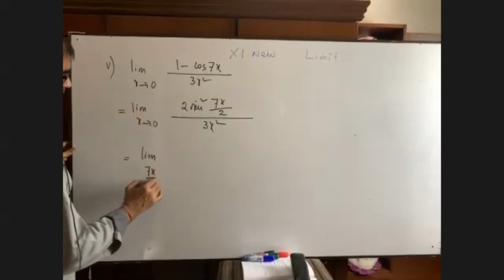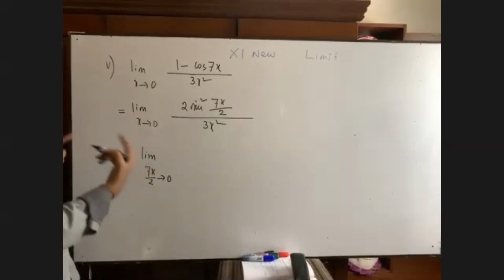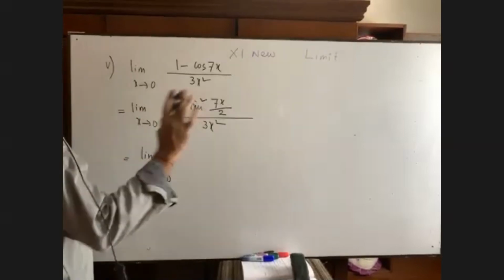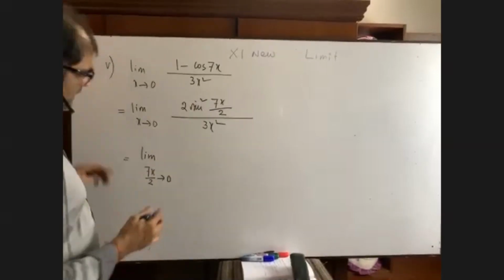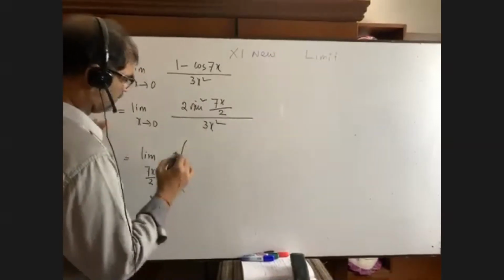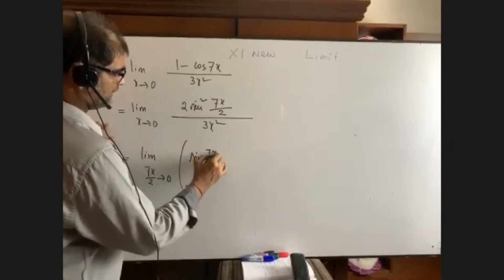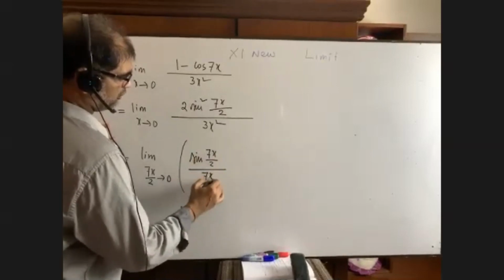Write it down. Now there is only one trigonometric function, sine. There is no cosine, no tangent. So what is to be done? You write down sine theta by theta. You know this only.